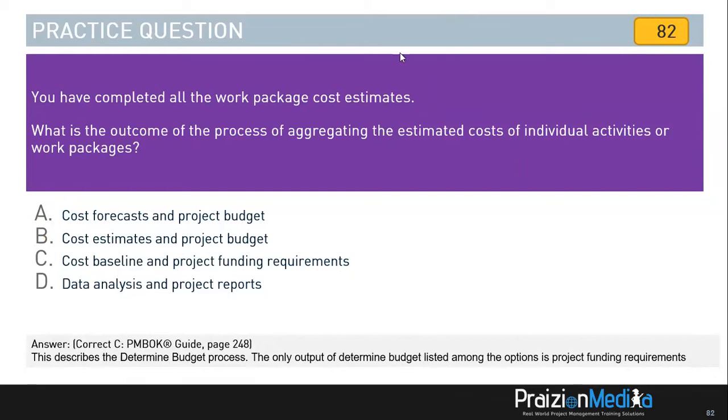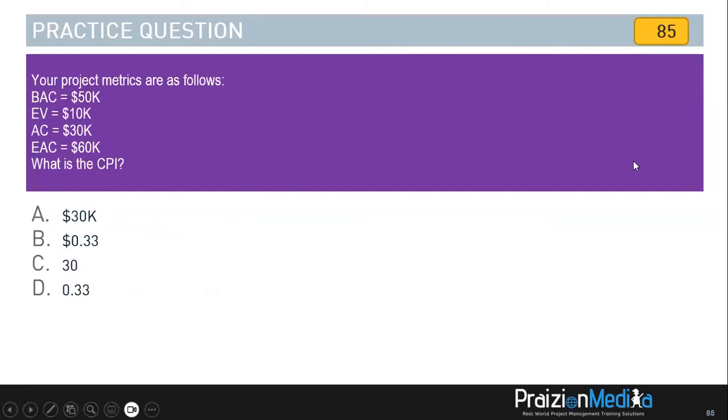Let's take a look at a few other questions before we get into the more difficult ones. Here is another question. Your project metrics are as follows. BAC is 50K, EV is 10K, AC 30K, EAC 60K.